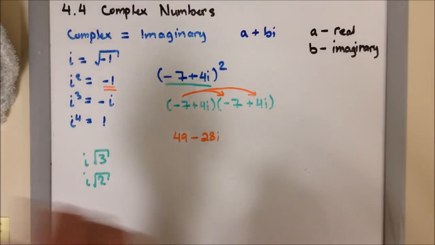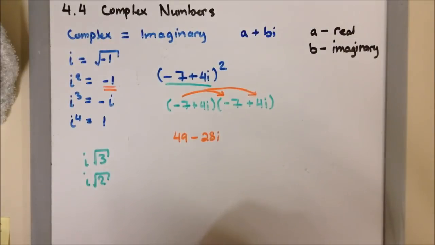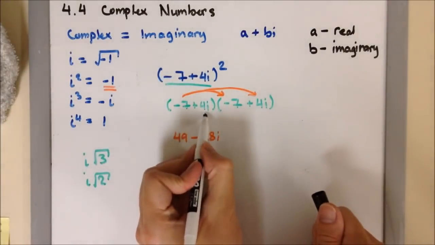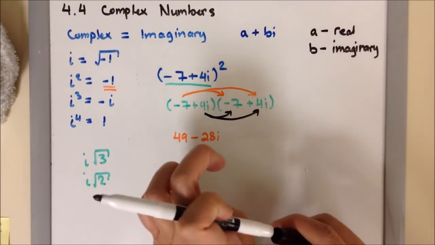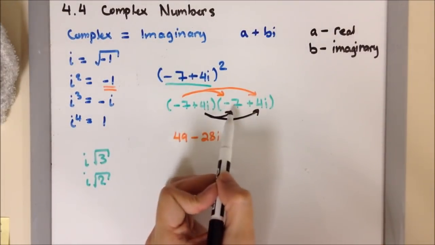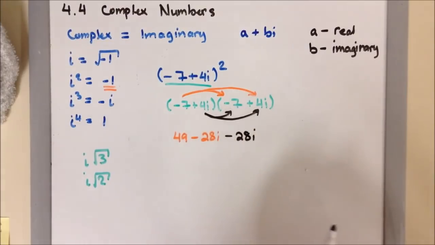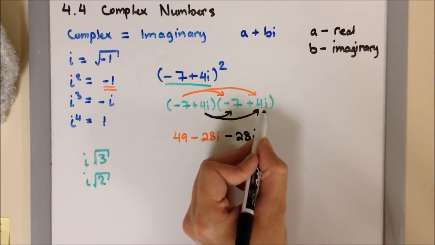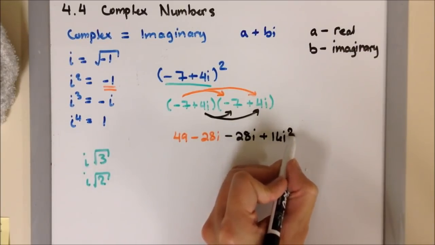Next, my 4i, I'm going to multiply to the negative 7 and the 4i in the second set of parentheses. So 4i times negative 7 will be negative 28i, and then 4i times 4i, which will be positive 16i squared.